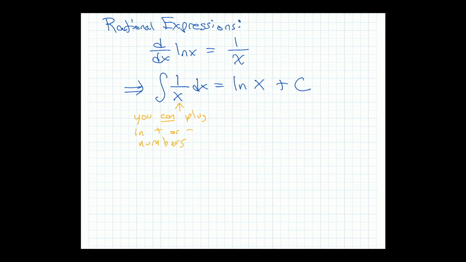You can't plug in 0, but you can plug in positive or negative numbers. But here you can't, because the natural log is not defined for negative numbers. Ln x is not defined for negatives. Okay? So, what's that mean?